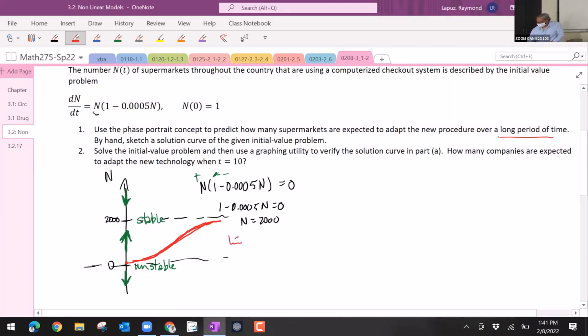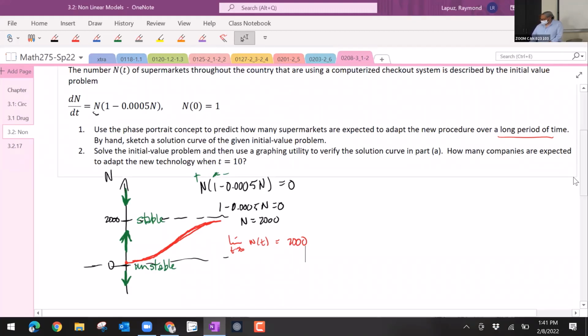So we could say the limit as t approaches infinity of the function, whatever function it is we're solving for, is going to be 2000. All right. Now they want us to actually solve for this differential equation. So let's take that differential equation and solve for it.